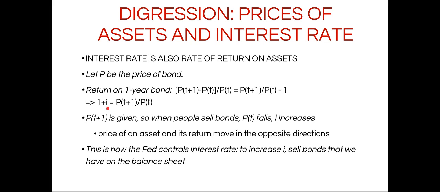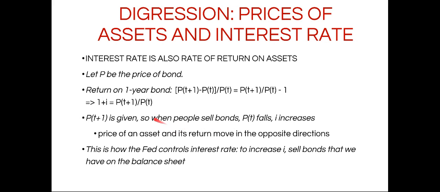It's the interest rate that you make on the bond. Now, see how it's related to the price. The price a year from now is given. Either it's just the face value of the bond, or it's just something you can't affect today in any case. So if today the price of the bond falls, you can see the return is going to increase because they're inversely related.